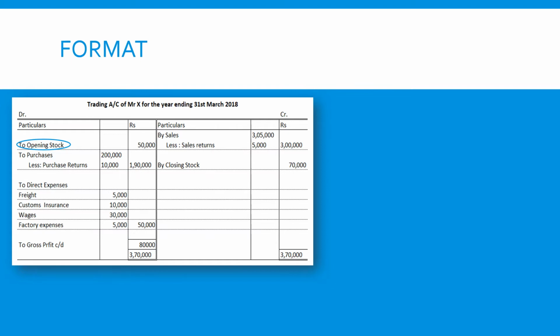In a merchandising business, everything more or less will be finished goods. But in the manufacturing industry, going back to my clothes example, cotton will become the opening stock of raw material, the half stitched clothes will become the work in progress, and the fully stitched clothes will become his finished goods.